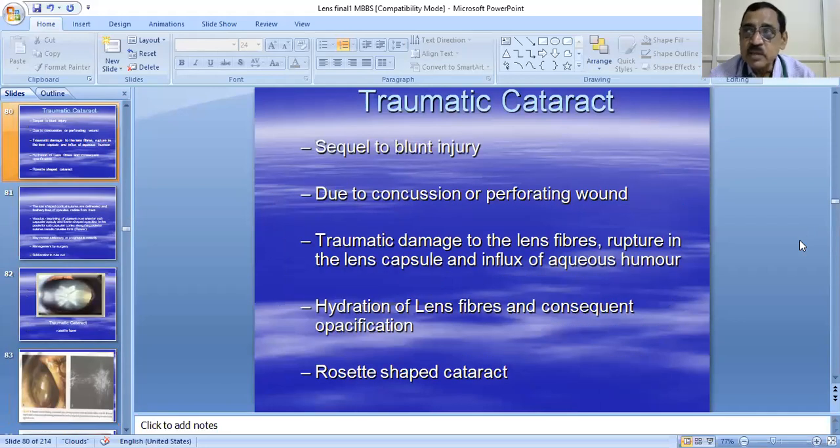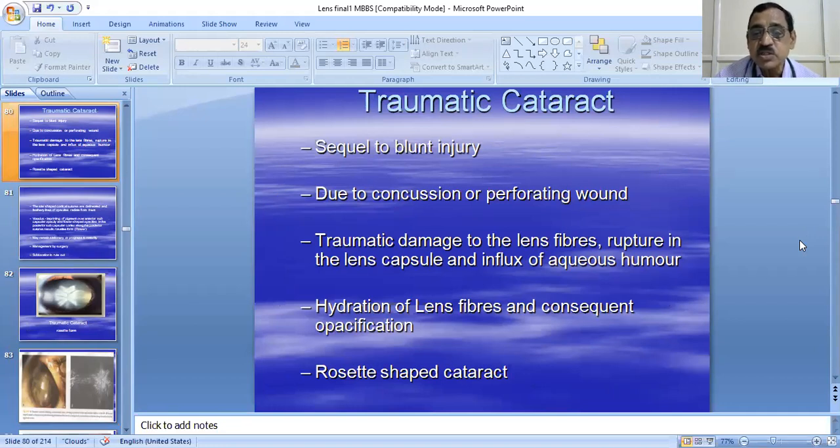Next, another important aspect of cataract is traumatic cataract. It is a sequela to blunt injury, be it a perforating injury or a concussion injury.